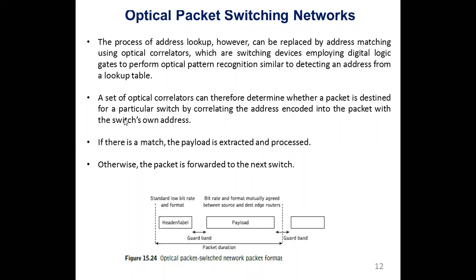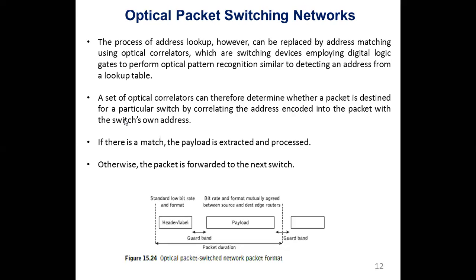These are switching devices which perform optical pattern recognition, similar to a lookup table assigned for a particular switch, by correlating the address encoded into the packet with the switch's own address. If there is a match, the payload is extracted and then processed.